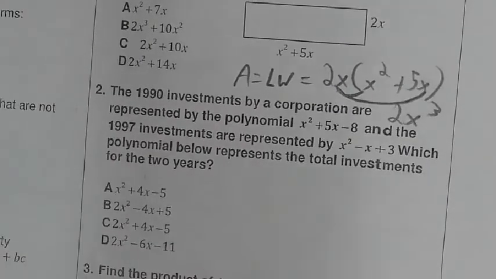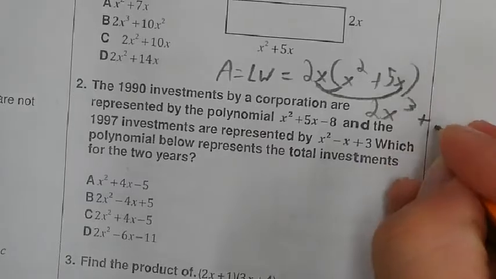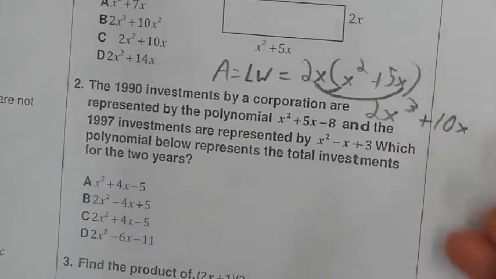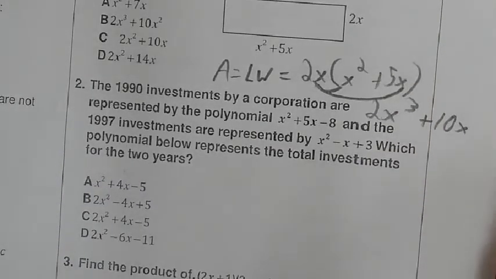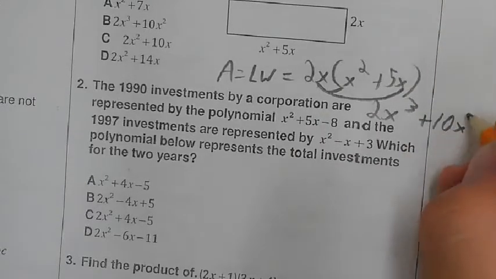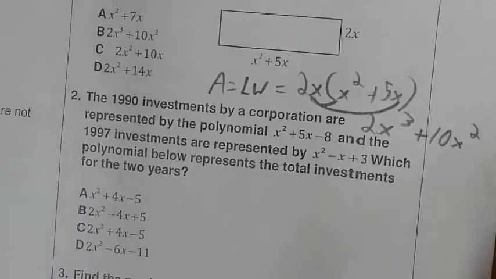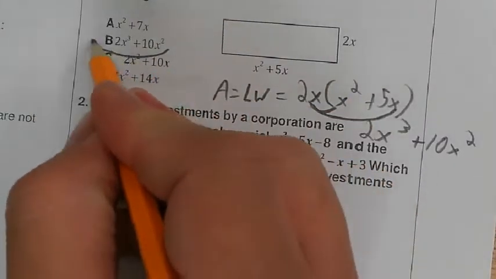All right. And then 2x times 5x. What's 2x times 5x? 10x to the what power? What's 1 plus 1? 2. So you get 2x to the third plus 10x squared. So the correct answer for this one should have been B.